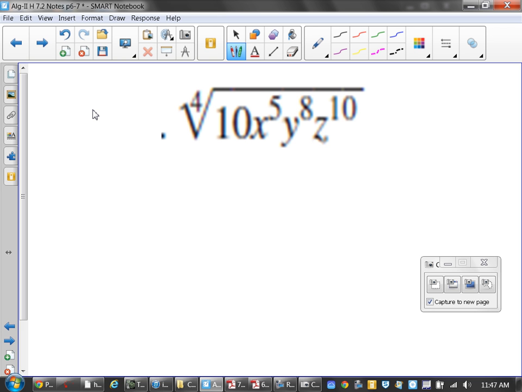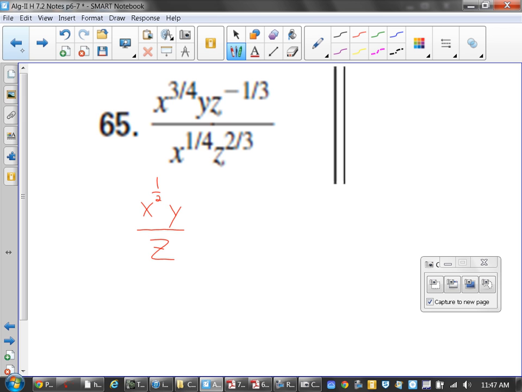Do you remember why it works? Notice how you have a negative exponent, so he's not happy. Bring him down, so it's z to the 2/3 times z to the 1/3. Add your exponents together. Does that make sense?